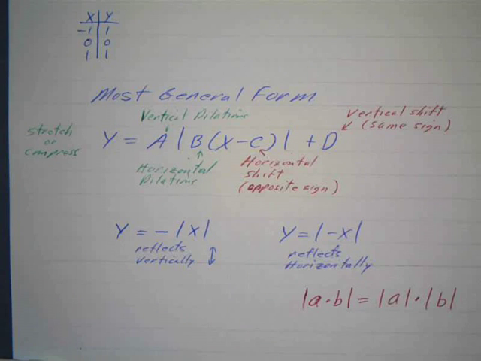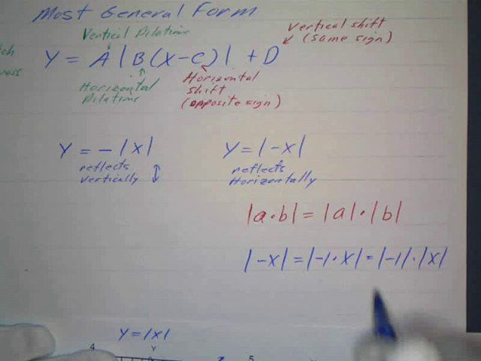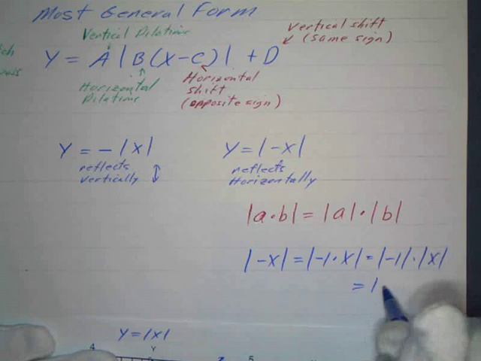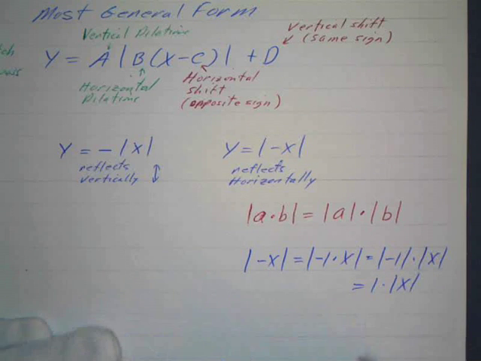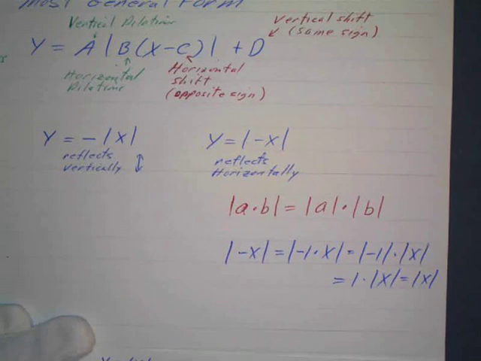If we saw the absolute value of negative x, we could write that as the absolute value of -1 times x, and again as the absolute value of -1 times the absolute value of x. And what's the absolute value of -1? That's just 1, so it ends up being 1 times the absolute value of x, which is just the absolute value of x. So it has no effect.